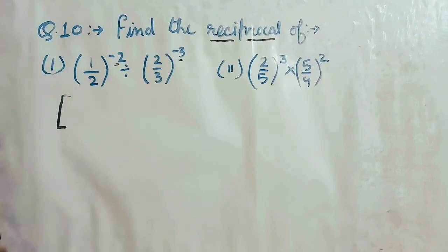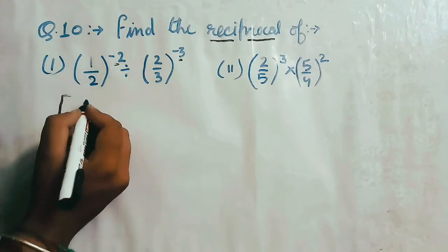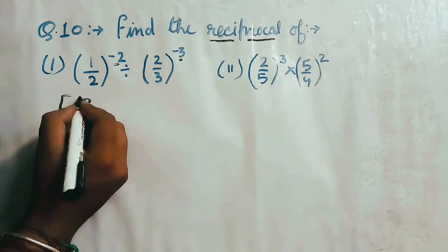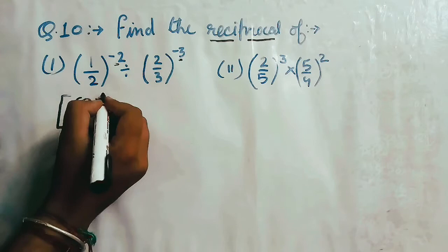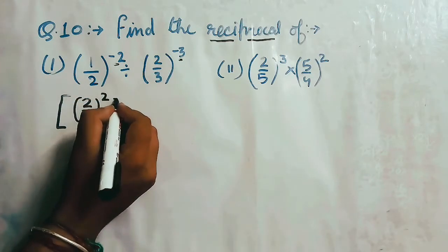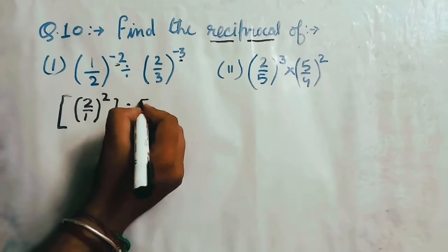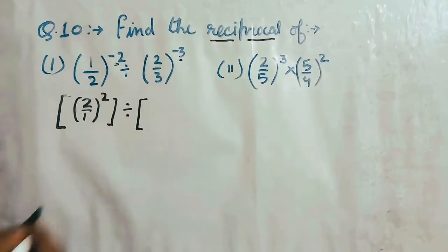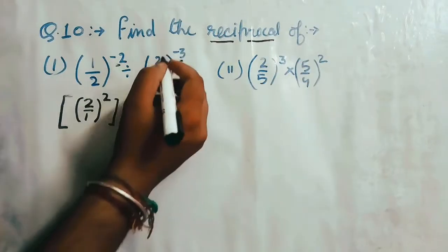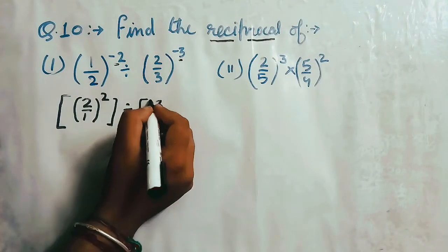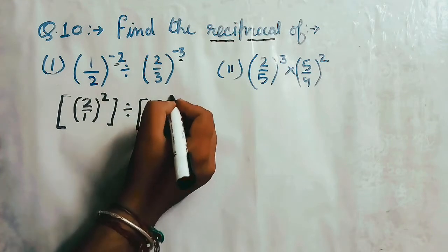Let us make them positive by taking reciprocal of the base. So the reciprocal of 1 upon 2 is 2 upon 1 whole raised to power 2 now, and divided by the reciprocal of 2 upon 3 is 3 upon 2 whole raised to power 3 now.